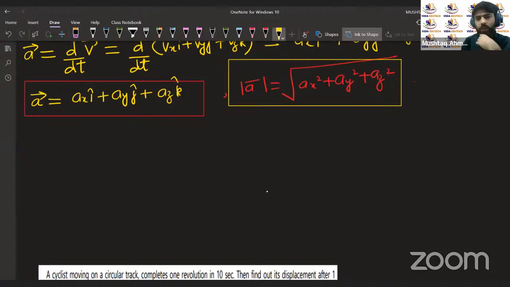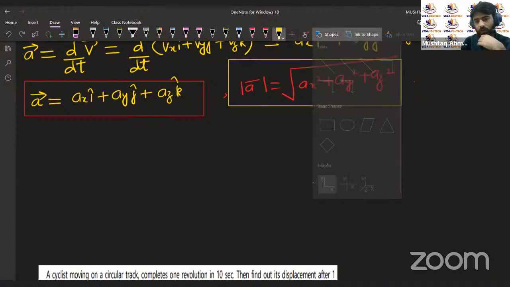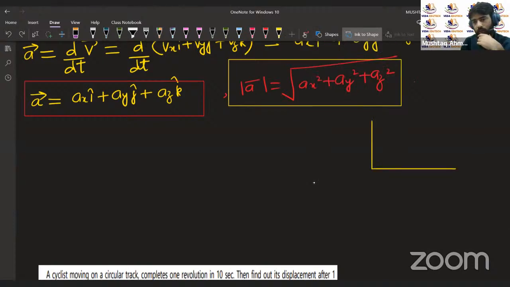Let's suppose a particle, let's take again the same. Let's draw a Cartesian coordinate system here. We'll have y, x, z.